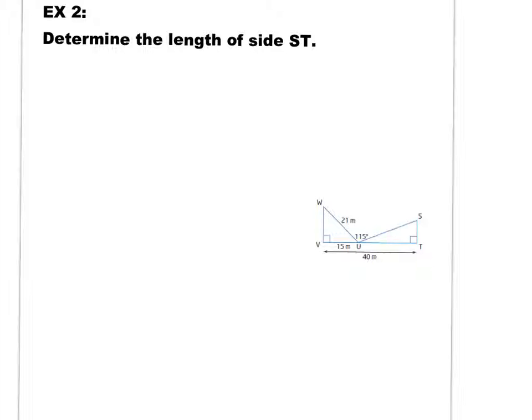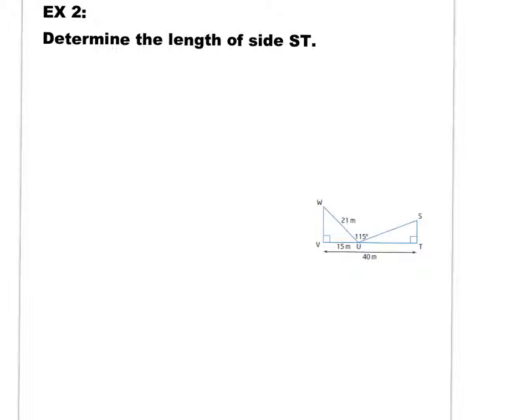So let's see how I can find the angle WUV. To find this angle WUV, I know the adjacent side is 15 meters, and the hypotenuse is 21. So I can use the cos ratio to find the angle WUV.